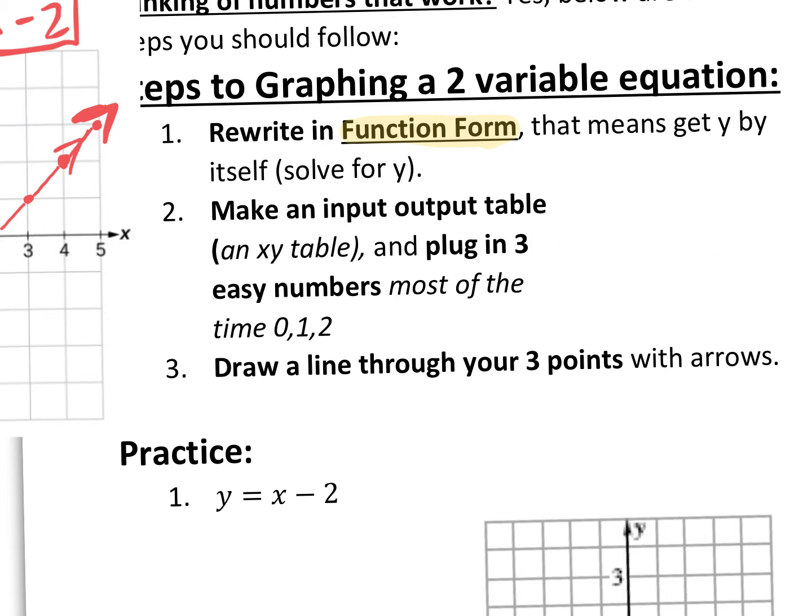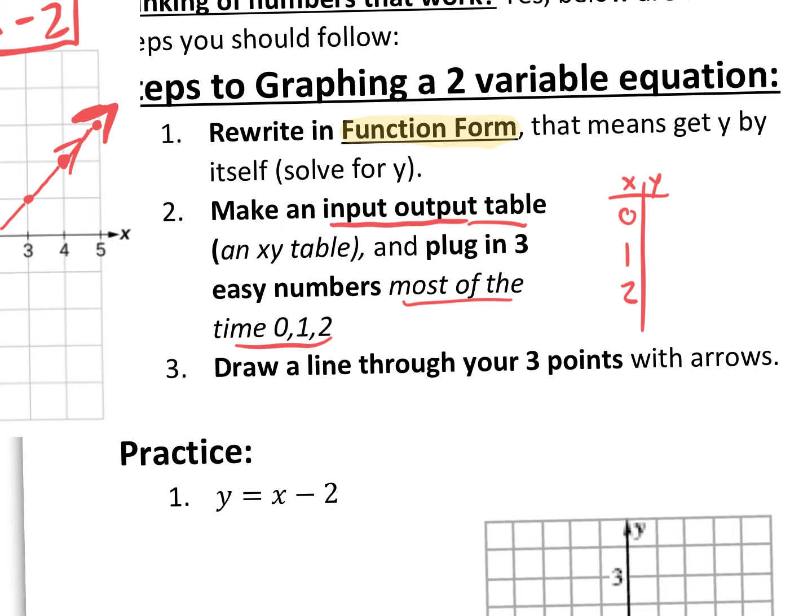And let's actually do that right now. An input-output table, that is an xy table, and we want to plug in 3 easy numbers for x, okay? And it says most of the time, plug in 0, 1, and 2. So 0, 1, and 2, okay? And you plug in the x values, and you pull out your y values.